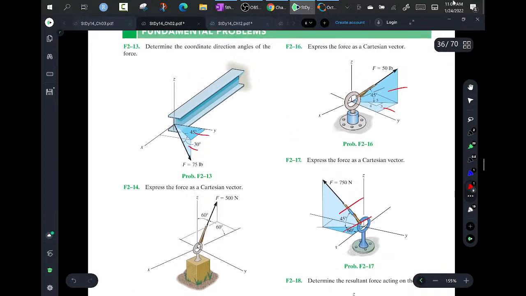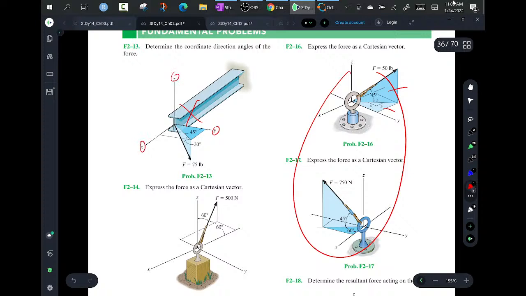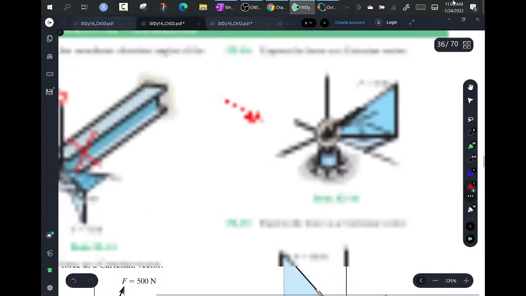All of these are about the same. The one complexity that exists in these two that doesn't exist in here is that this is in the positive XYZ, and this one is not necessarily in the positive XYZ. So this extra complication means I'm going to focus on this one. Let's take a look at this one.